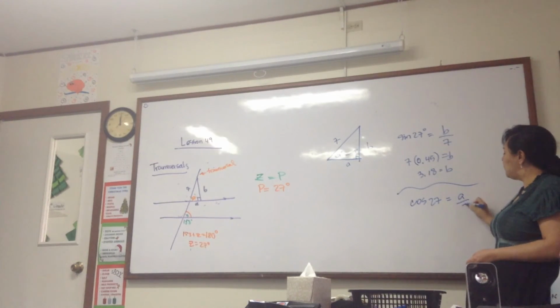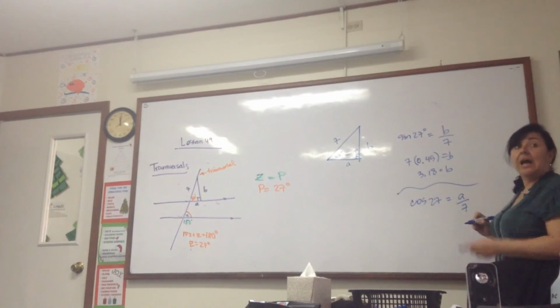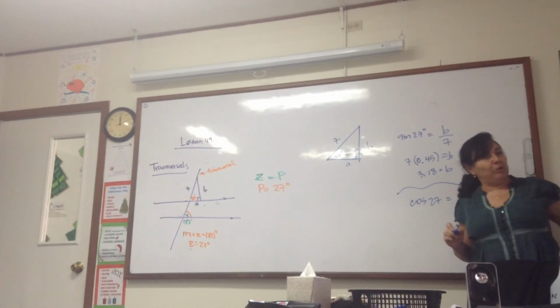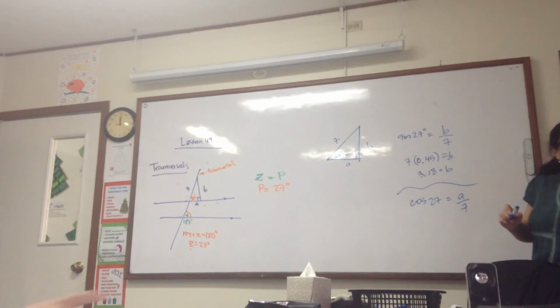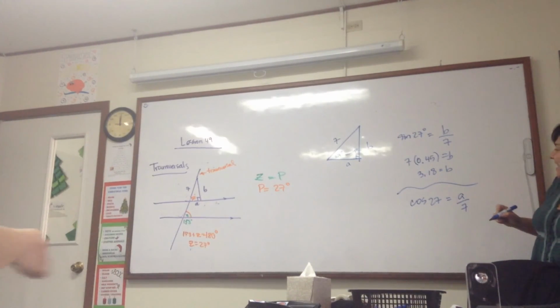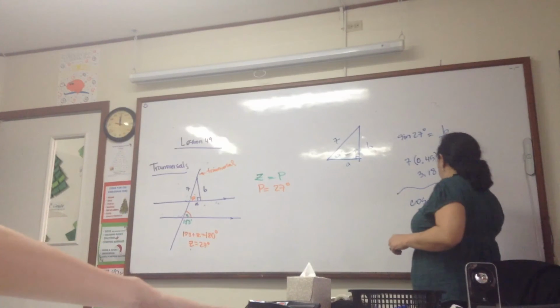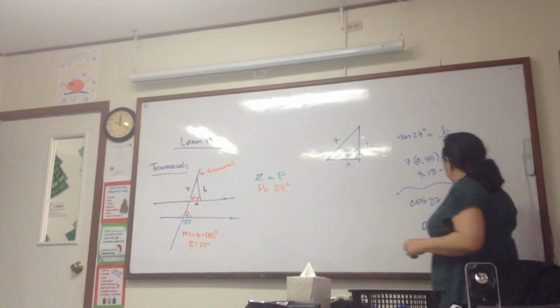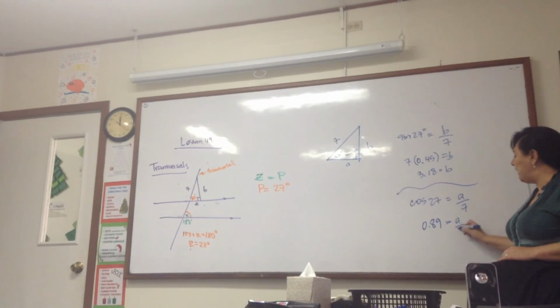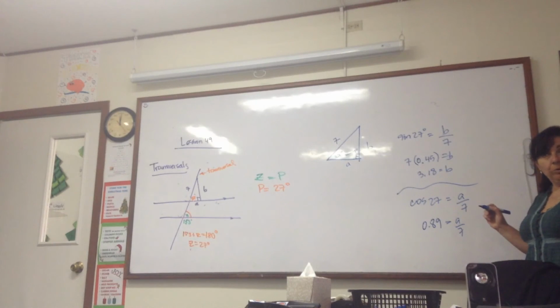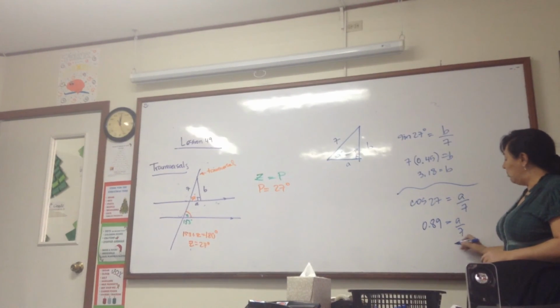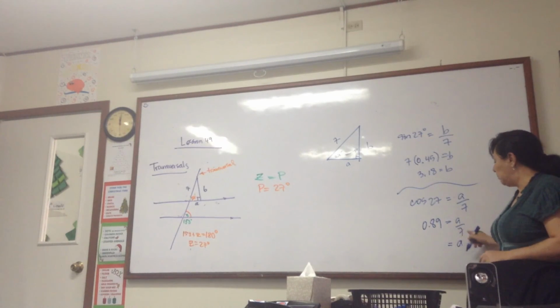What is the cosine of 27? 0.89. So 0.89 equals A over 7. So A would equal 6.24, because it would be 7 times 0.89, right? Yep. 6.24.